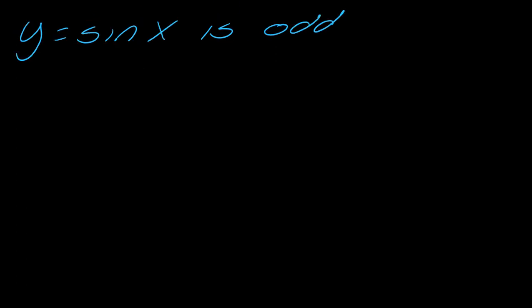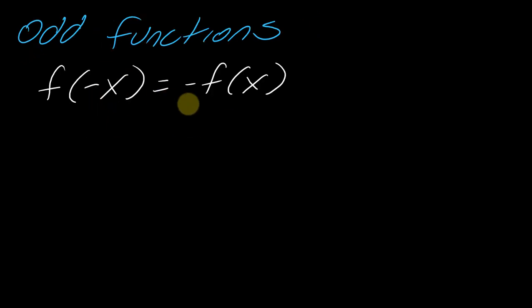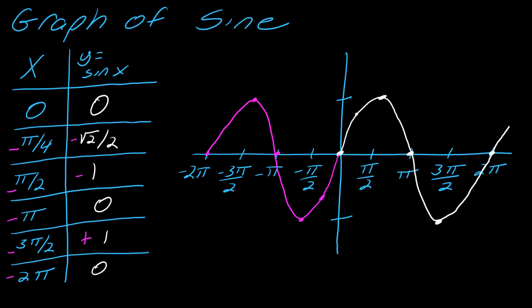Okay, so my graph y equals sine of x, we actually discovered that that is odd. Remember, this is what makes an odd function odd. So let's look at this for a second. I take the negative version of my coordinates, and then all of my y values should end up being negative. That's exactly what happened, right?